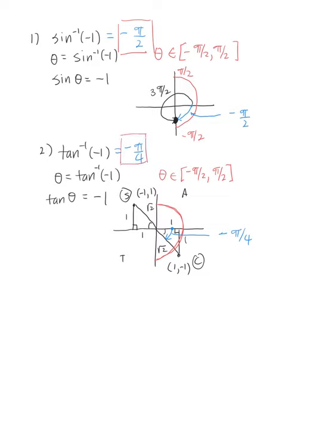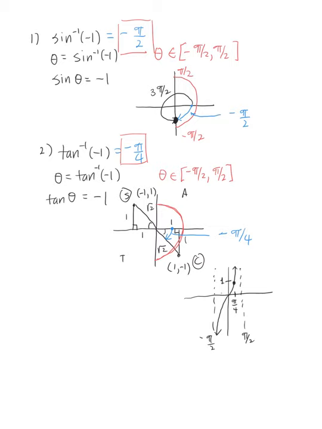Or you can look at the tangent graph. Oh gosh, I have to graph this out. So we have vertical asymptotes at -pi/2 and pi/2. And then your tangent graph goes like this, right? It's never going to touch pi/2. But at positive pi/4, this point right here is always going to be 1.